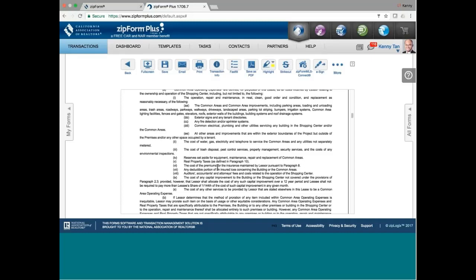If they make certain improvement to the property, such capital improvement may be part of the operating expense. Okay, and then the cost of any other services to be provided by the lessor that are stated elsewhere in the lease to be a common area operating expense. So this is the definition. It is really no different than all the other net leases that we have seen. It's the same definition for common area operating expense.